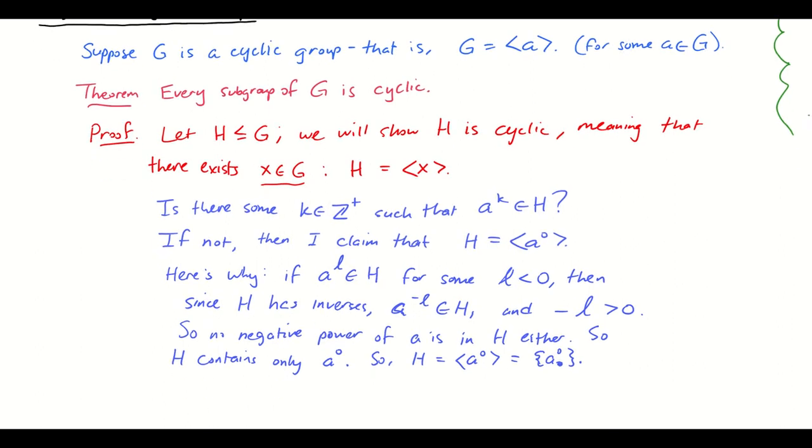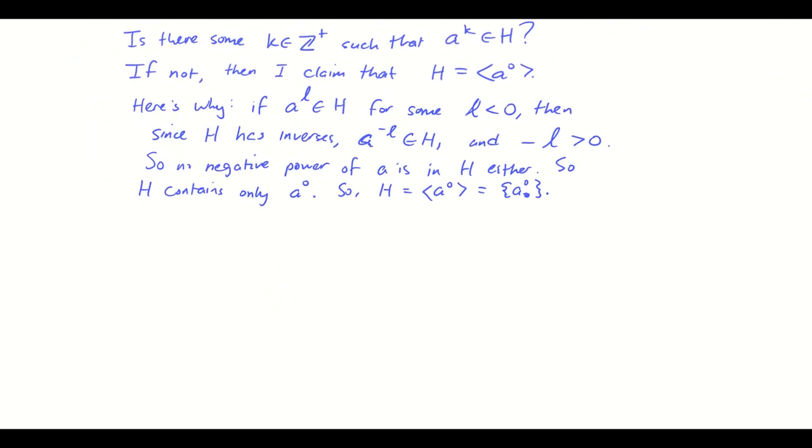The other case is that there actually is a positive exponent that belongs to our subgroup. Okay, so just to make sure we keep our orientation here, this is case 1, and now we're in case 2. So case 1 was that there is no positive exponent such that A to that exponent is in our subgroup. Now case 2 is that there is a positive exponent for which A to the K is in our subgroup.